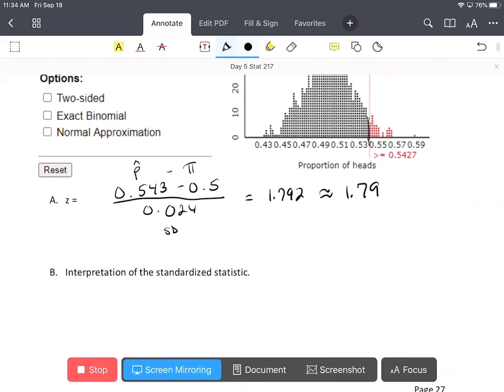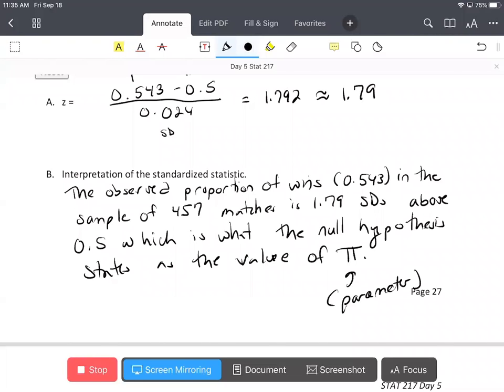But now we have to interpret, see what this tells us. Okay, pause and take a moment, read what I wrote, write it in your notes, and then come back. So it looked at the interpretation of the standardized statistic.